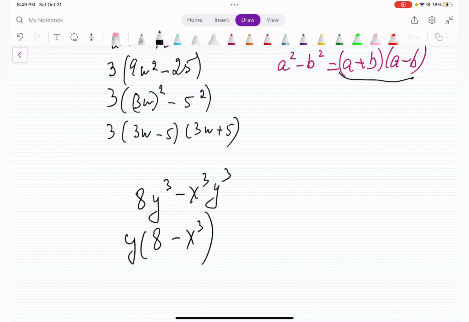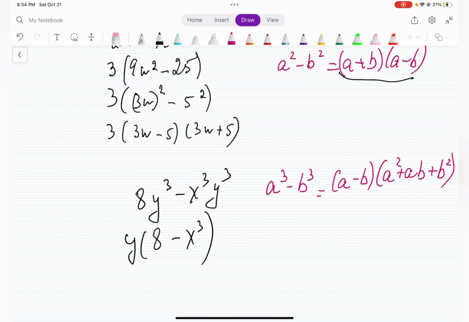Okay, here we are going to use different formula. And that formula is a cubed minus b cubed is equal a minus b times a squared plus ab plus b squared.